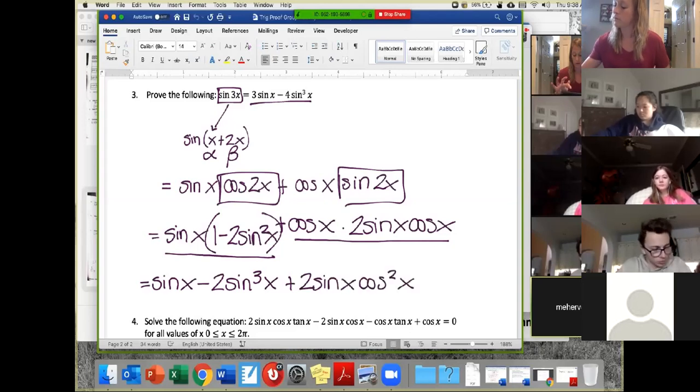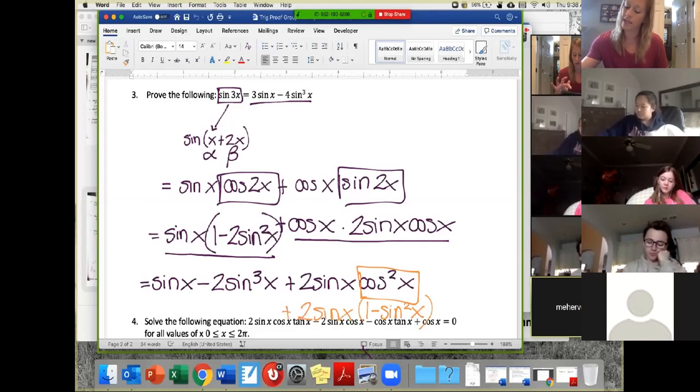Okay, not my answer yet, but if I'm still working towards an answer that is all in terms of sines, what's my big problem right now? There's a cosine. Do I have a way to change that? Pythagorean. I could use 1 minus sine squared. Now, if I replace that with 1 minus sine squared, what's that going to make me do with my 2 sine of x right here?